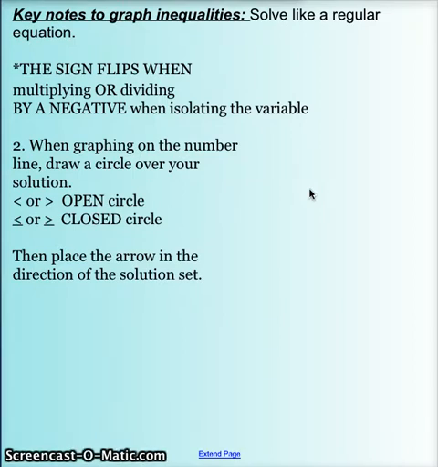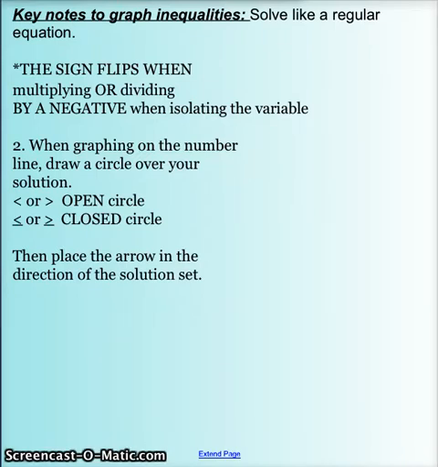If it's just less than or just greater than, you draw an open circle. If it's less than or equal to or greater than or equal to, you draw a closed circle to show that that solution is also part of it. And then you draw an arrow in the direction of the solution set to show that all numbers either to the right or to the left of your circle work.